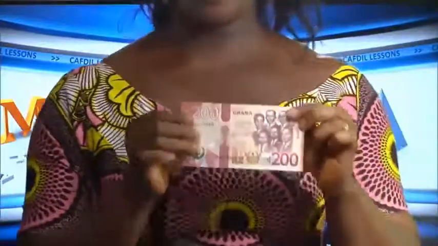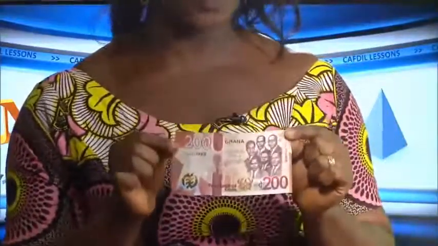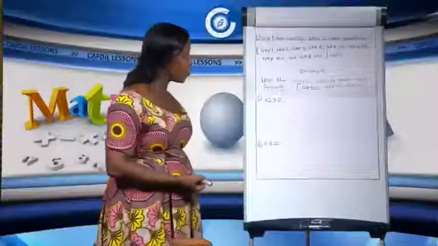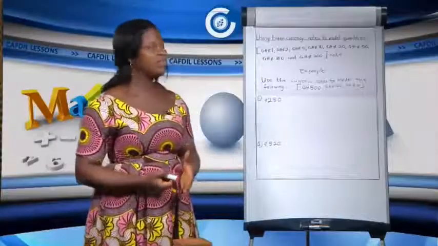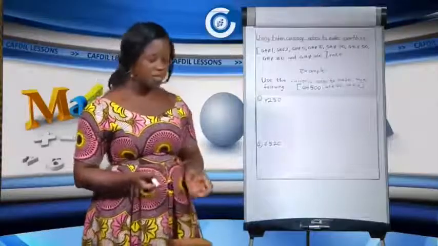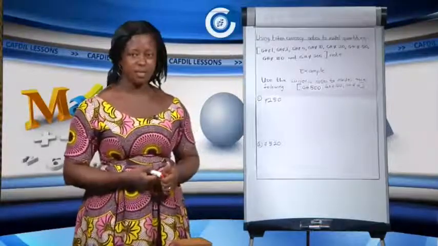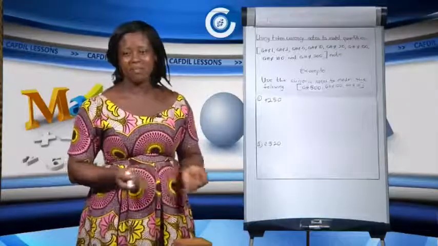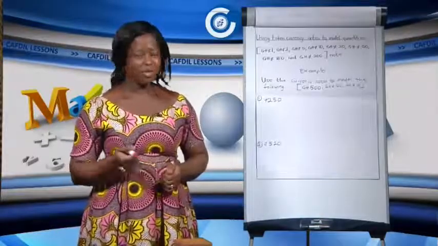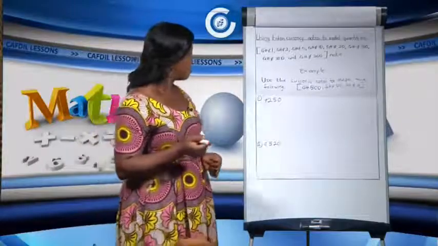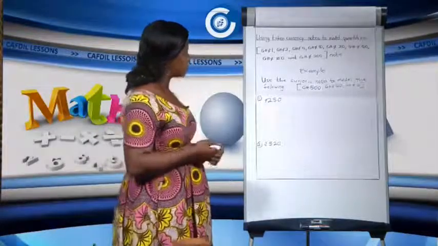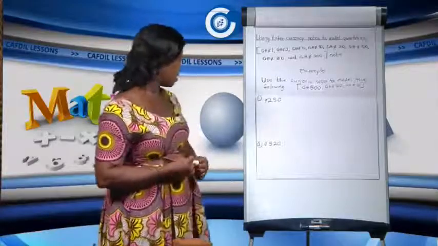And the 200 cedis notes. So we are going to use some of these notes to model quantities, so that when you go to any shop to buy something, they will not cheat you. You know what to give to the sellers or the shop owners.